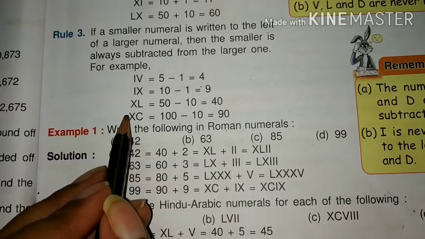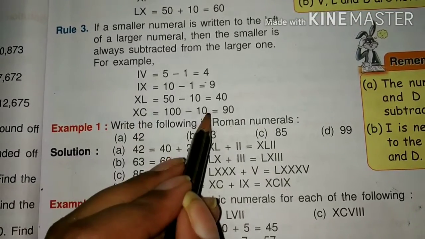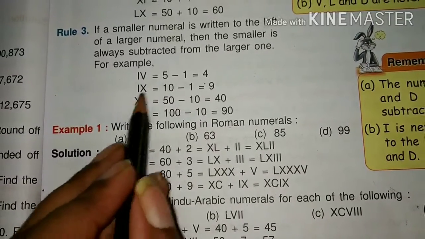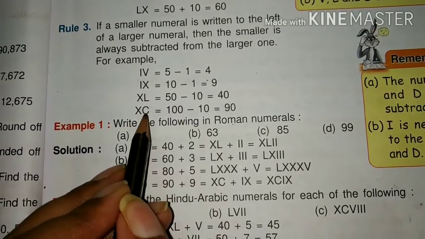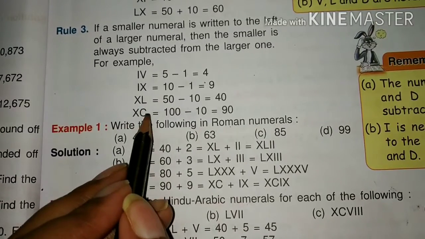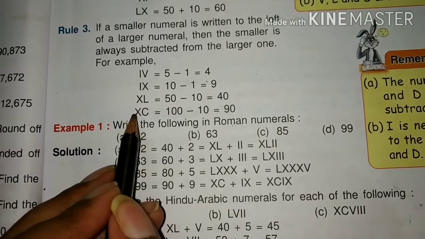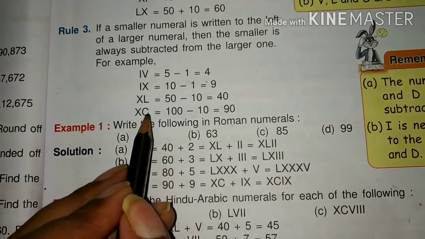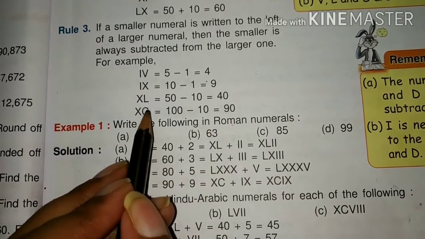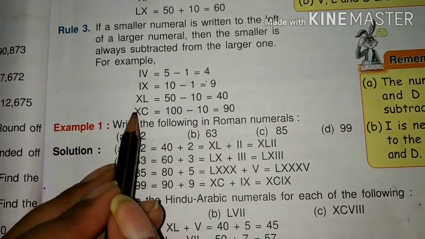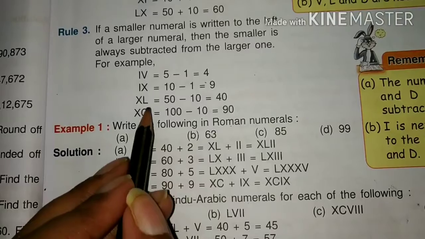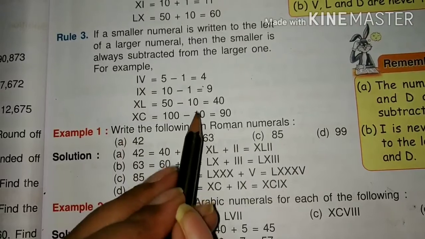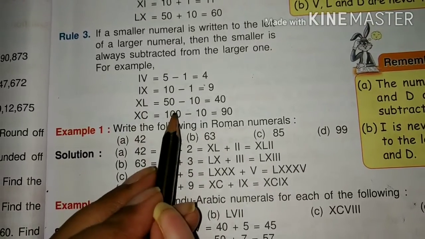XC. Value of X is 10. So X is a smaller symbol and value of C is 100. So C is a larger symbol. Students, you can see that here smaller symbol, that is X, is written on the left side of the greater symbol, that is C. That means X is subtracted from C. So value of X is 10 and value of C is 100.